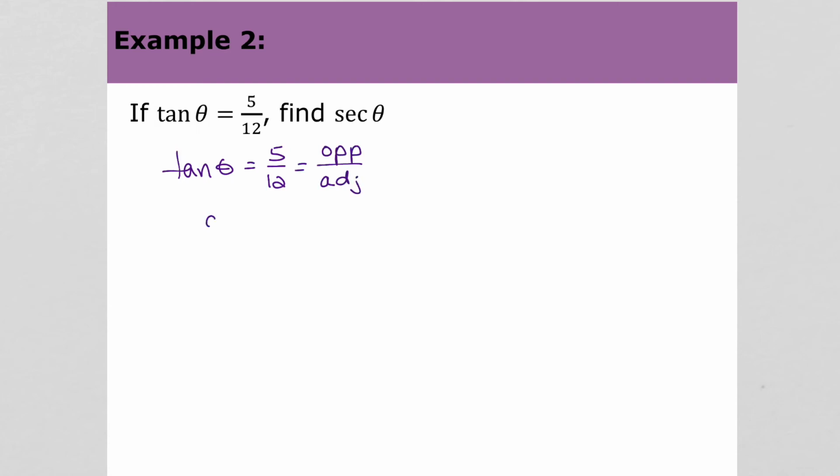So that tells us that the length of the opposite side is 5, and the length of the adjacent side is 12. We're trying to find secant, and secant is the hypotenuse over the adjacent.